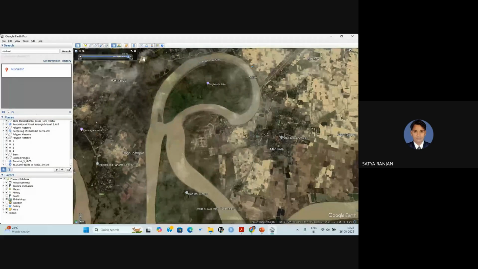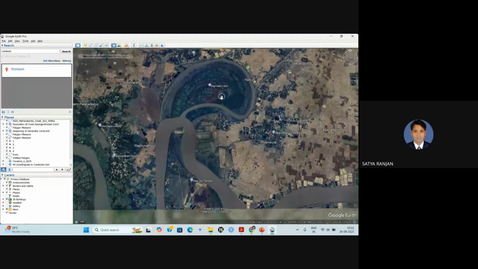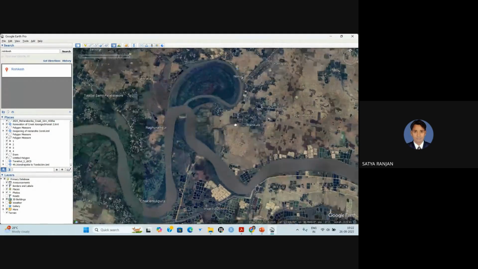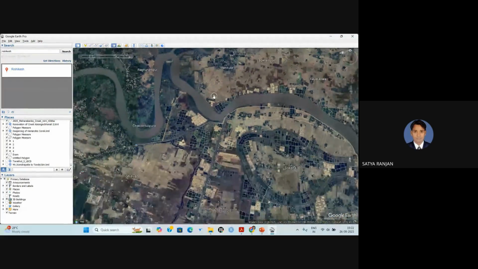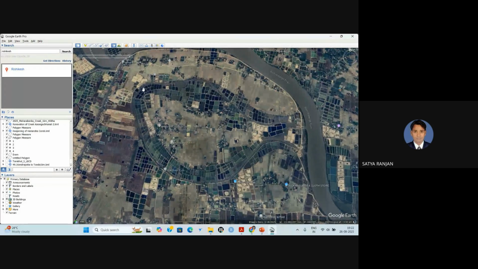So you can see in 2025 there is a cutoff from these areas. So after some time it is totally cut off from these areas and creates oxbow lakes. So it is recently created, so it is not clearly cut off, but in these areas, this is the signature. So nowadays it is cut off from the main river.